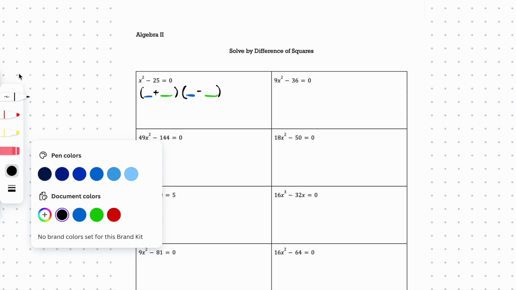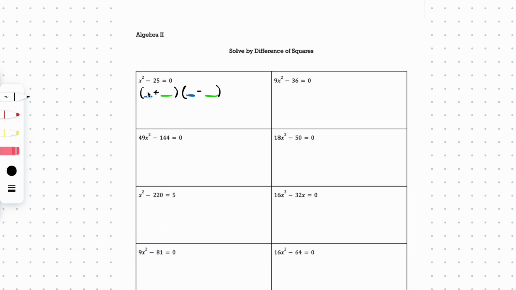And the way we figure out what goes in those spots is we just take the square root. So what's the square root of x squared? That's just going to be x. So I'm going to put x here. And what's the square root of 25? It's going to be 5. And this is equal to 0.